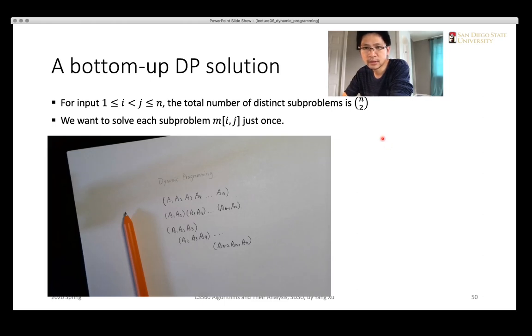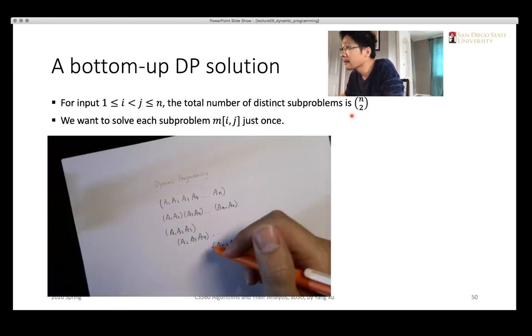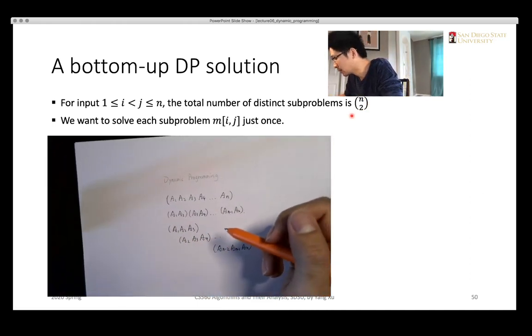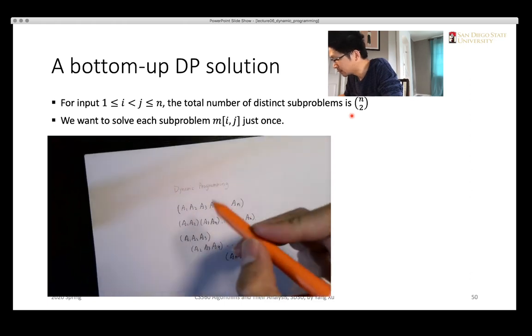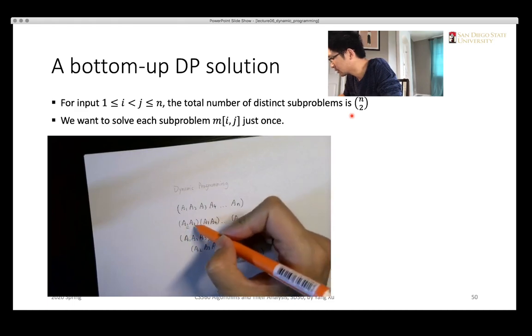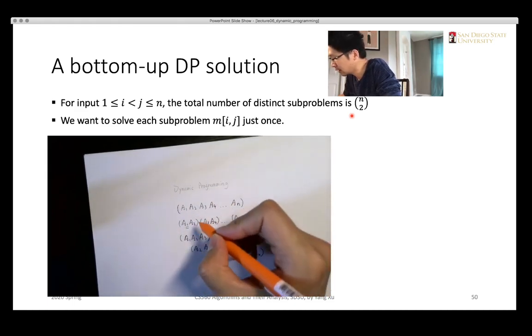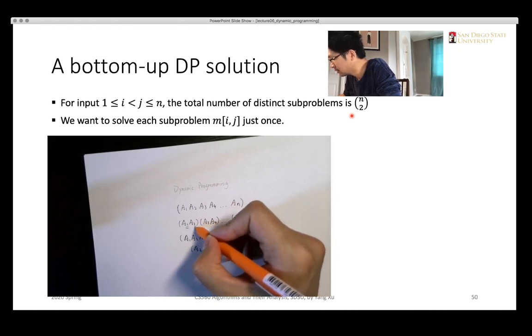How do we come up with this quantity? Because each subproblem is defined by the starting matrix index and the ending matrix index.